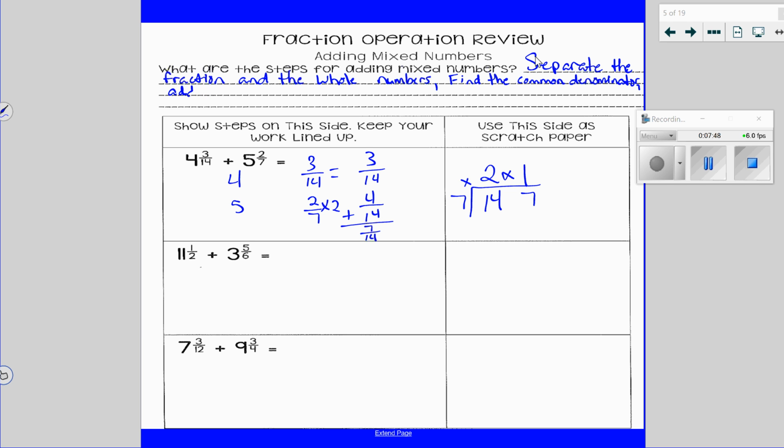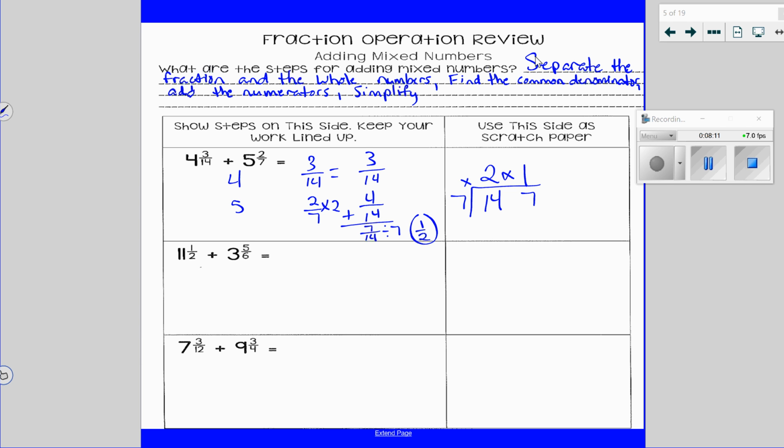Is it going to be 9 1/2? Simplify. So what can I simplify 7 and 14 by? 7. And I get 1/2. Then what do I do?